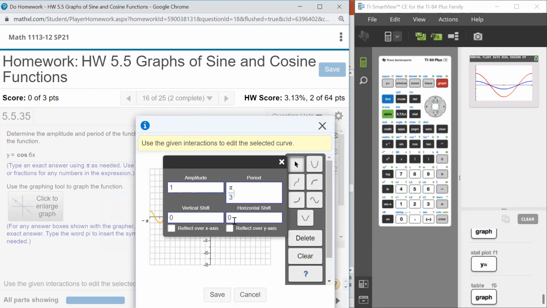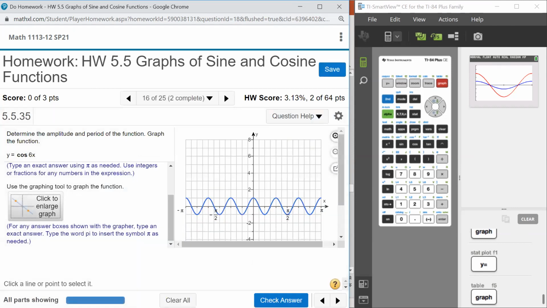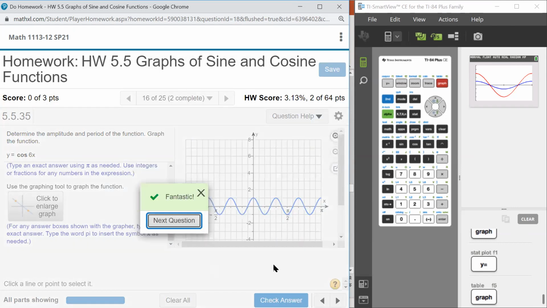There is no vertical shift and there is no horizontal shift and there's no reflection. So then we just click done, save, check answer. And so it's kind of automatic. If you just put in your period, all that stuff, it just does it for you really.